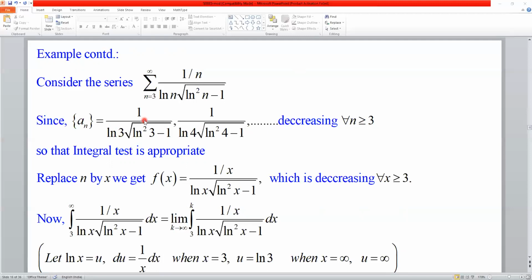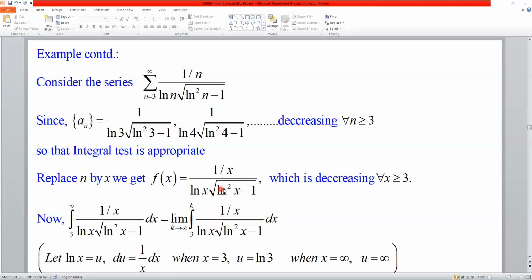So this sequence is a decreasing function for all n greater than or equal to 3. The sequence is a decreasing function, so one can apply the integral test. Now let us take the function f of x. Replace n by x for the nth term. We get f of x equal to 1 by x log x square root of log square x minus 1.